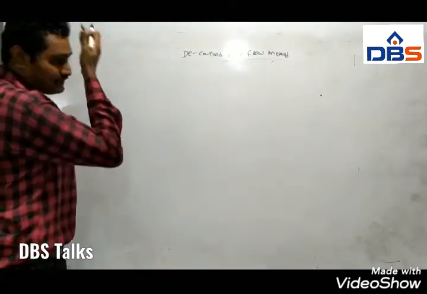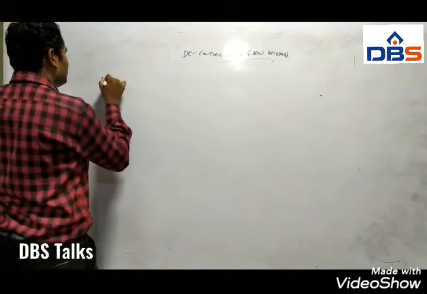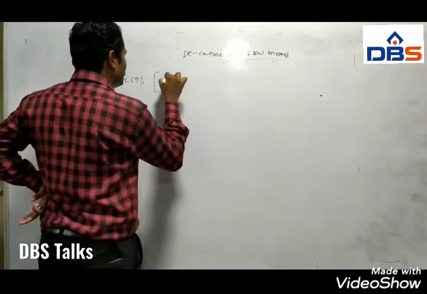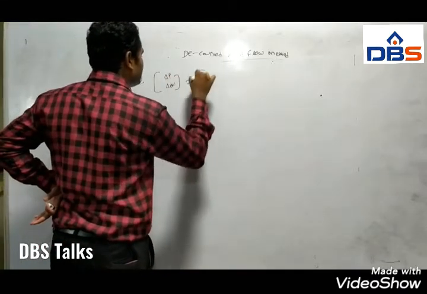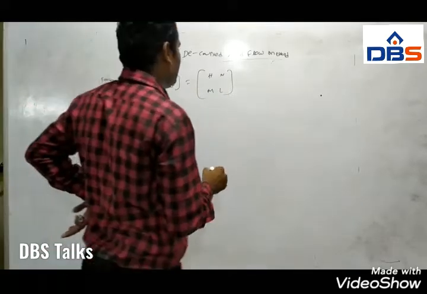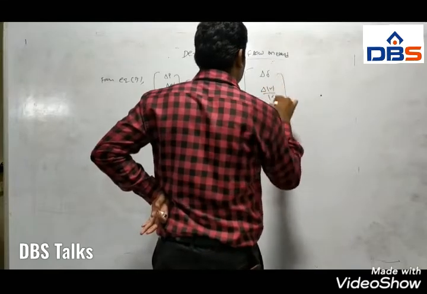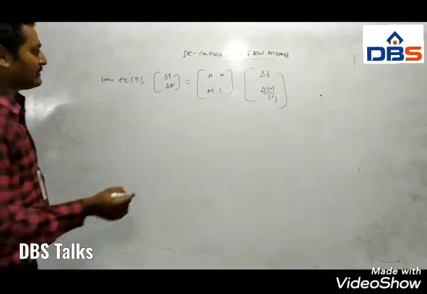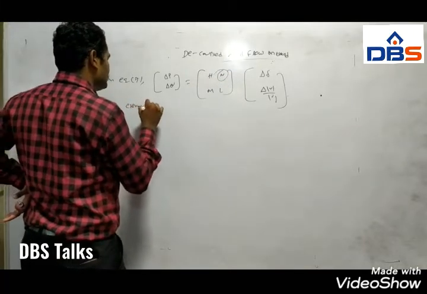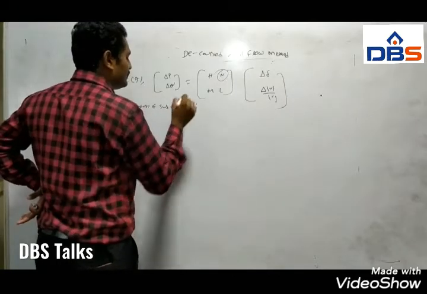After taking the assumptions, from equation 7, that is the matrix [ΔP ΔQ] equal to H, N, M, L times [Δδ, Δ|V|/|V|], we consider the N submatrix.